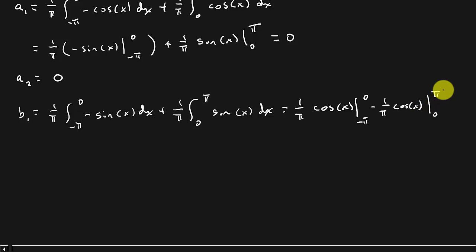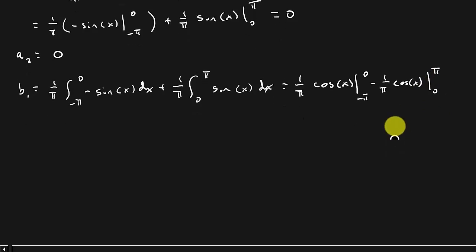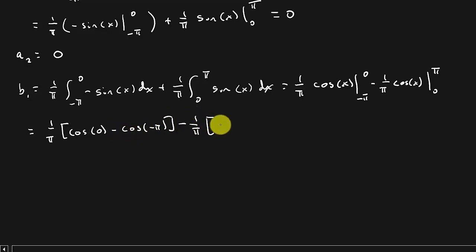And now we have to evaluate these. So that's going to be 1 over pi times cosine 0 minus cosine negative pi, minus 1 over pi times cosine of pi minus cosine of 0.